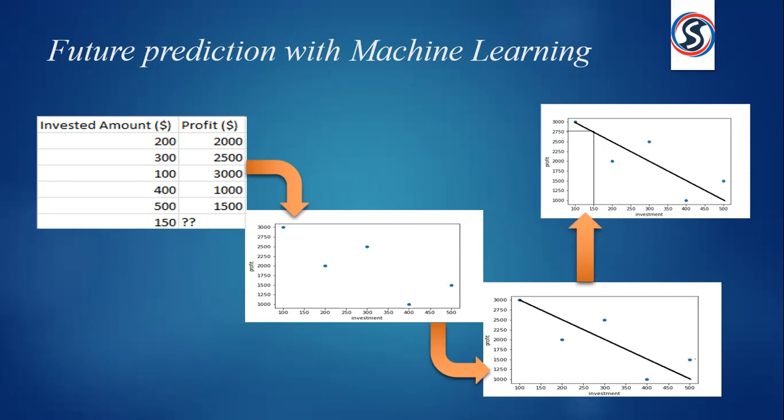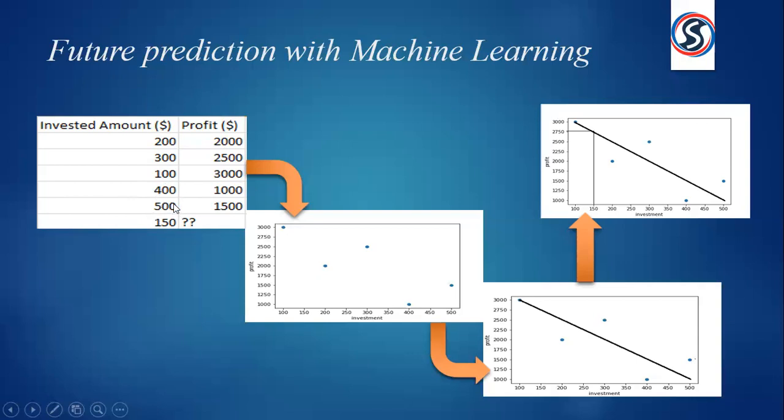Yes or no? No. So can I say that it is difficult to identify the pattern? Because look here, when I have $400, the profit is $1,000. Even if I am investing a larger amount than my previous investment, my profit is decreasing.